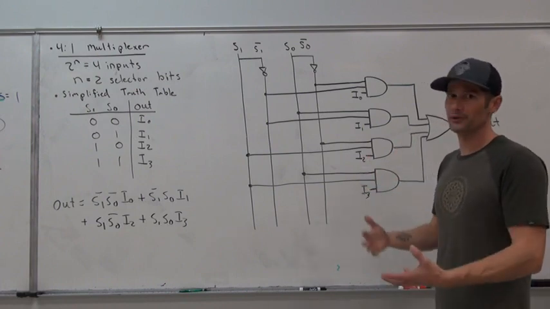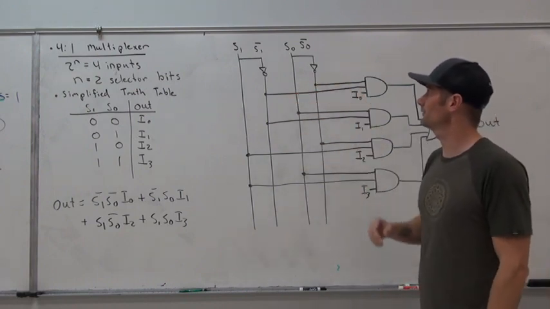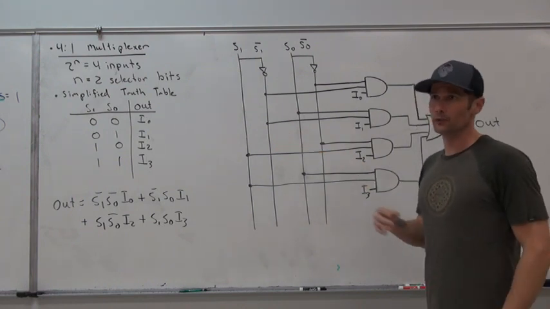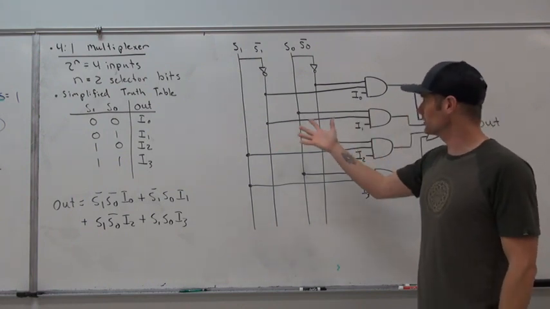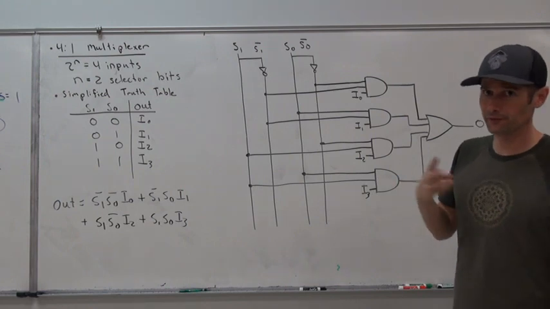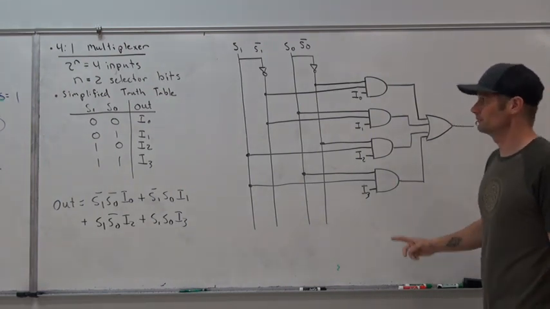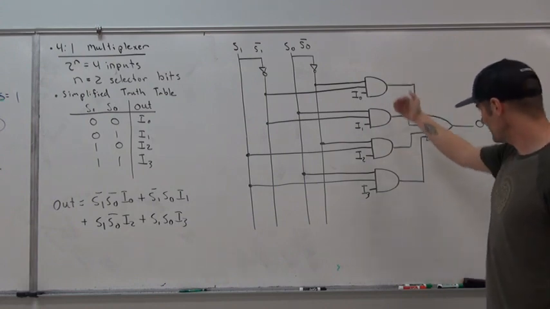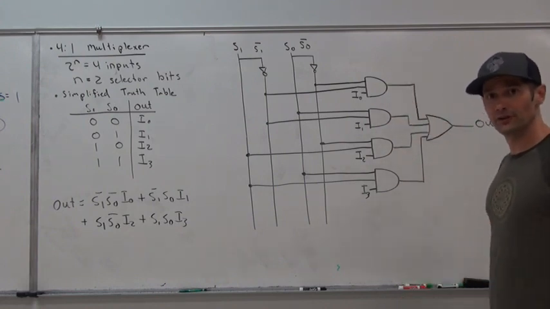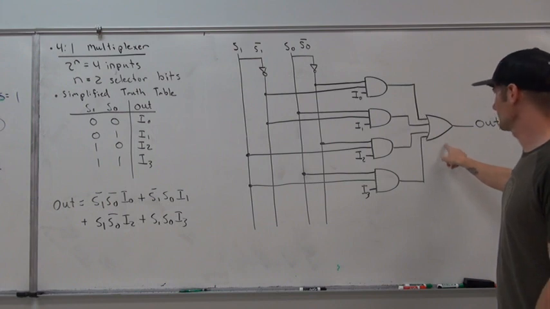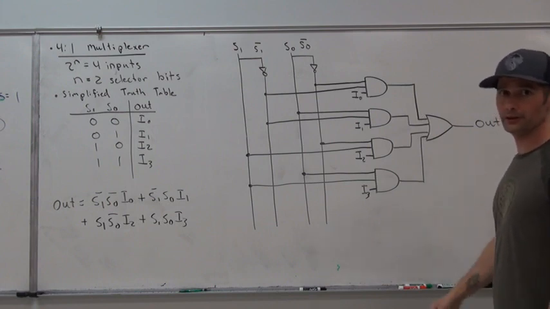So instead of having four bus bars, we would have 8 with three of those having inverters on them. And all we would have to do is provide 4 additional AND gates, or 8 AND gates going all the way to our OR gate.